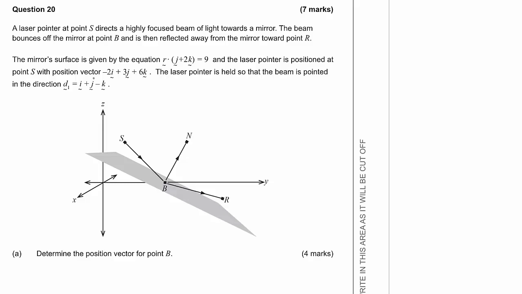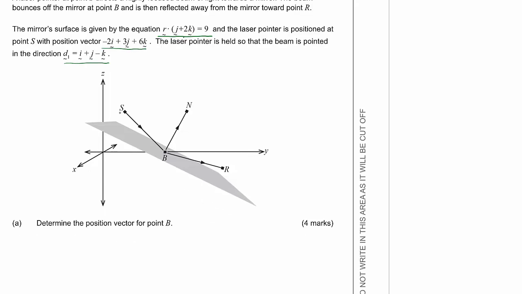The mirror surface is given by this equation, and the laser pointer is positioned here, and the beam is directed in this direction. We want to find the position vector for point B, where the laser line meets the plane.